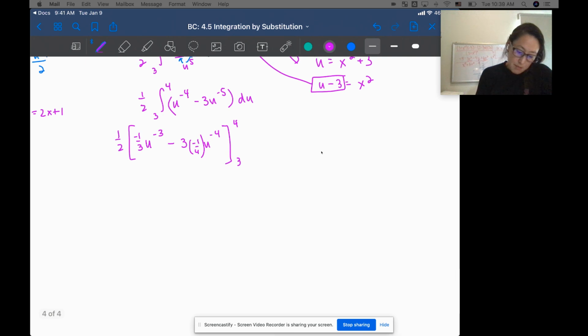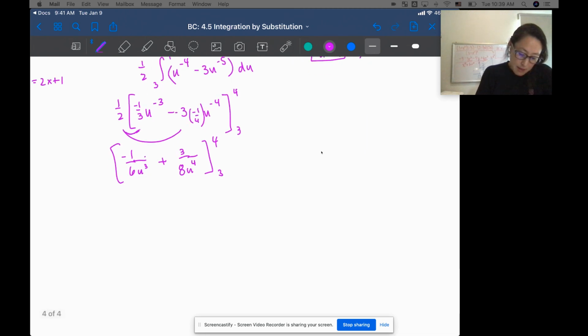Actually, I'm going to simplify this first. Multiply in the 1/2. So I get negative 1/6 u to the negative 3. Actually, it's negative 1/6 u to the 3rd plus, because a negative times a negative, 3/8. And then u to the negative 4 would be u to the 4 in the denominator. Okay, we're going to evaluate from 3 to 4.